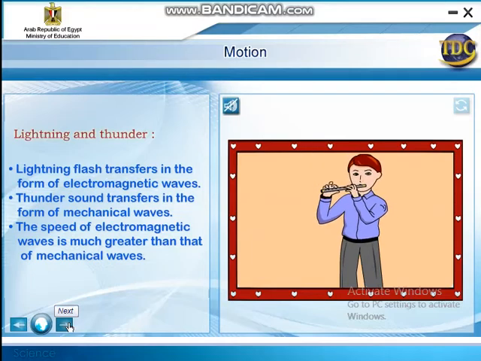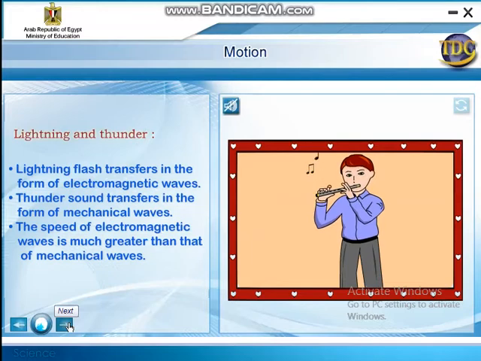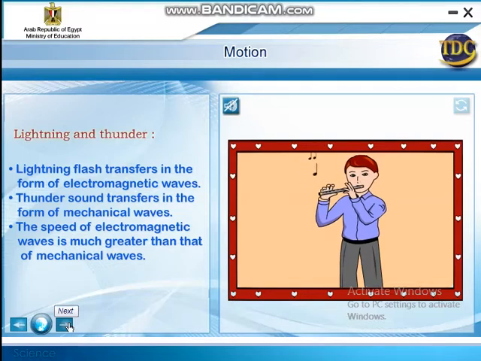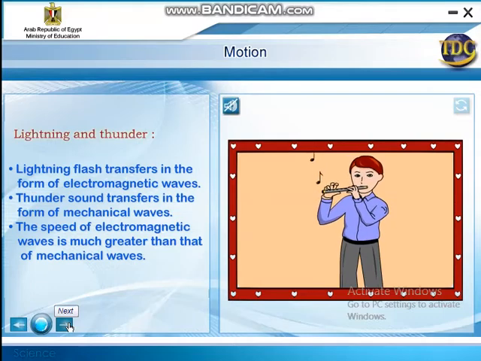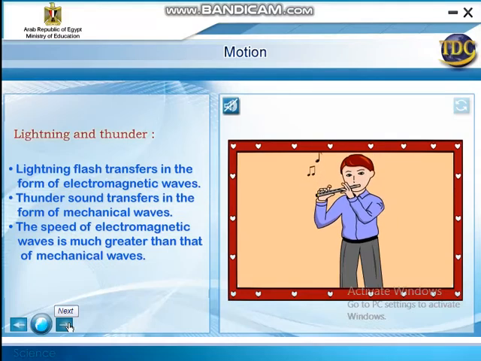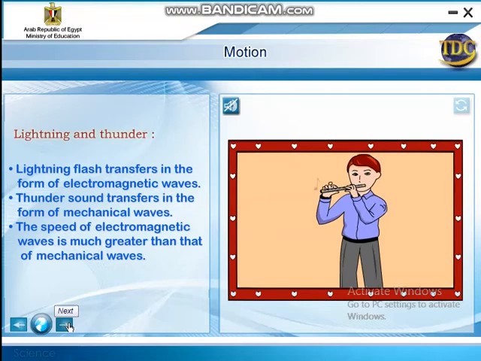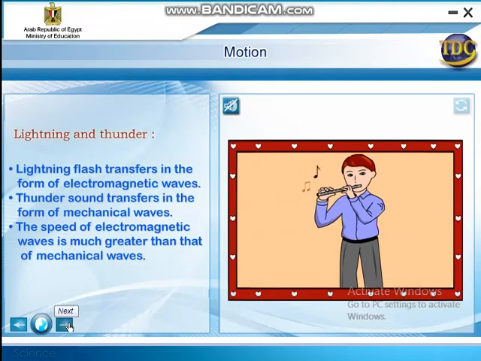So, when I ask you to give a reason why we see lightning before hearing thunder, although they occur at the same time, we should answer: because the light of lightning is from electromagnetic waves, while the sound of thunder is from mechanical waves, where the speed of electromagnetic waves is much greater than the speed of mechanical waves.